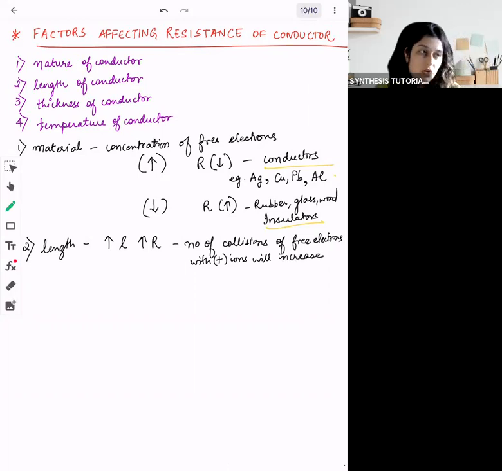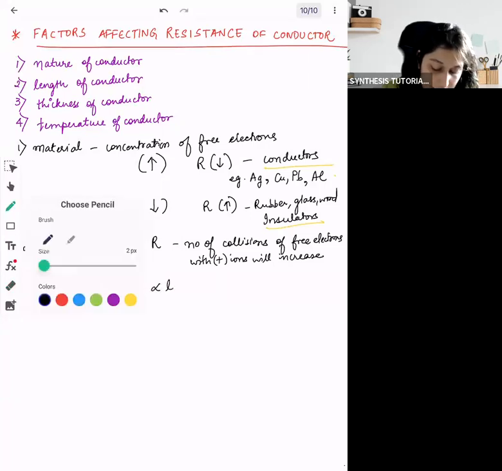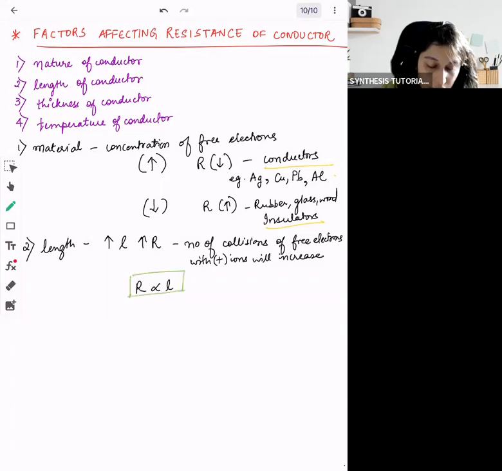And so a longer conductor offers more resistance. ठीक है? So therefore the statement is the length is directly proportional to resistance, or let's just say R is directly proportional to L. इसको आप highlight करो.